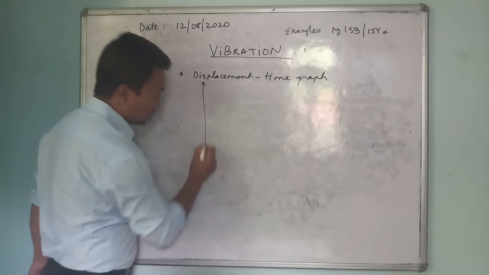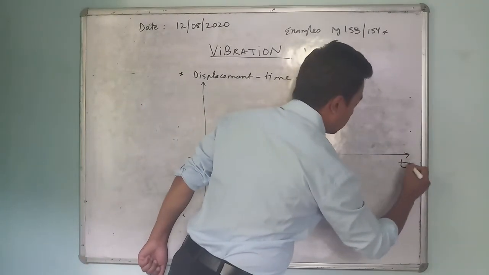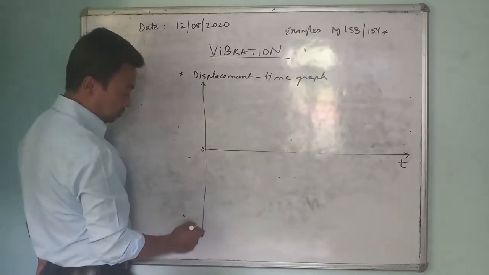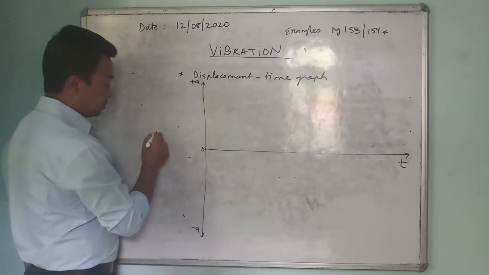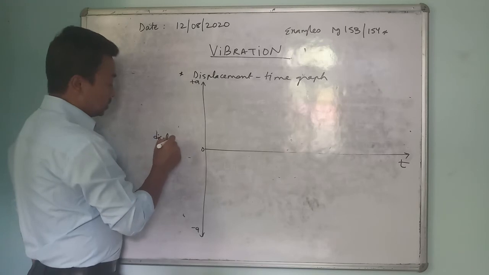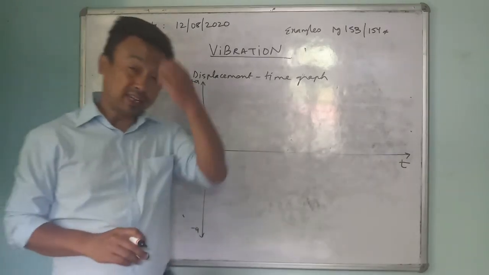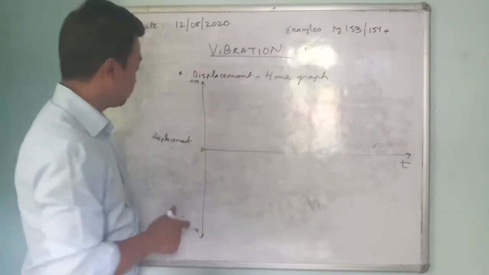We have the same sort of diagram there. The x-axis will give you the timeline, the time factor. This is the origin, this is the negative, and this is the positive. A gives you the amplitude. This is the displacement, and all of you know that amplitude is the maximum distance made by the wave.